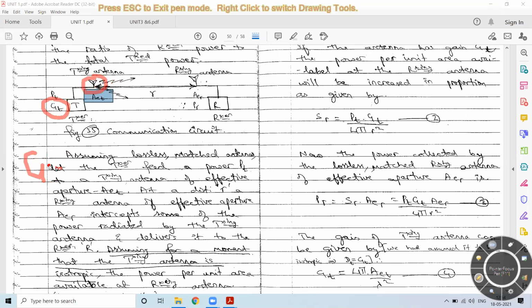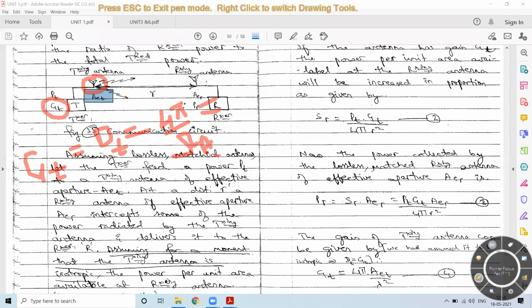So if we assume that this transmitting antenna is isotropic, then the gain will be equivalent to the directivity. And as we had seen in one of the equations, directivity is related to the effective aperture of this antenna, and it is given by 4 pi by omega A. But what was omega A related to?